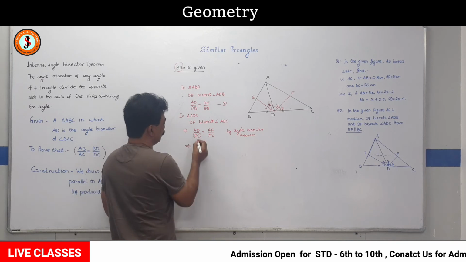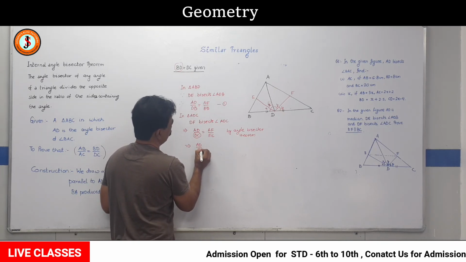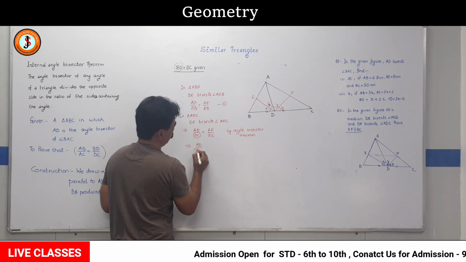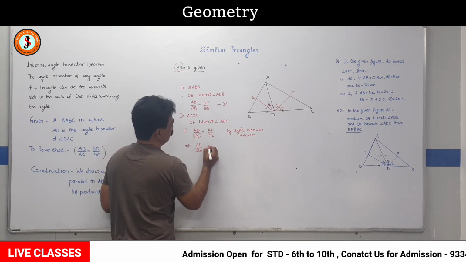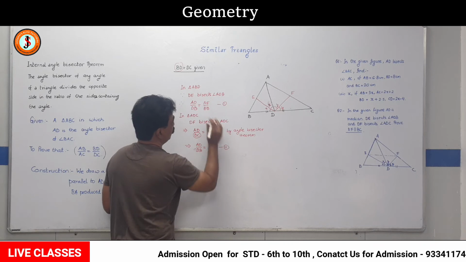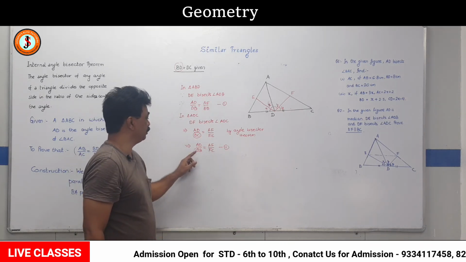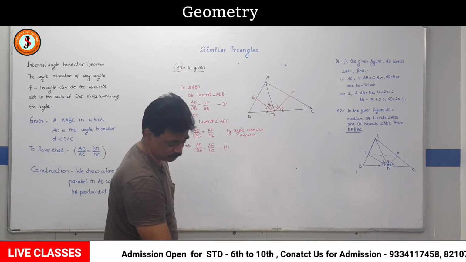Now what will happen? Let us see, DC is replaced by BD. So AD by BD or DB is equal to, BD or DB is the same thing, AF by FC. So from 1 and 2 what is happening? AD by DB is equal to AE by EB and AD by DB is equal to AF by FC.